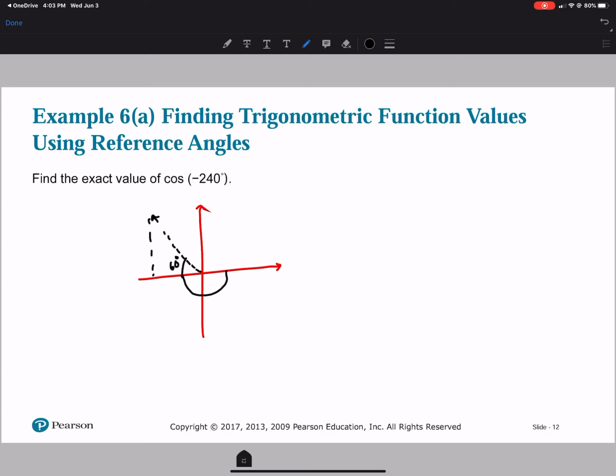So the cosine of negative 240 is equal to minus cosine of 60, which is equal to negative 1/2.